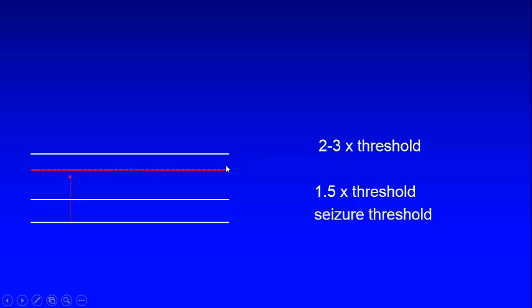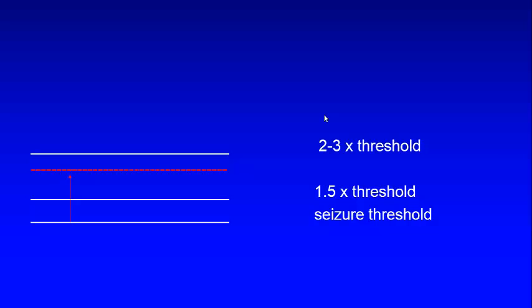So if you were going to go to 2 to 3 times threshold with unilateral after a first titration session, you've got some options. One would be every 2 to 3 treatments, just go up a little bit on the energy, just on the assumption that seizure threshold is climbing some, and we're always trying to stay a little bit ahead of the game. So a person might be titrated and find that they have a threshold of 10%.